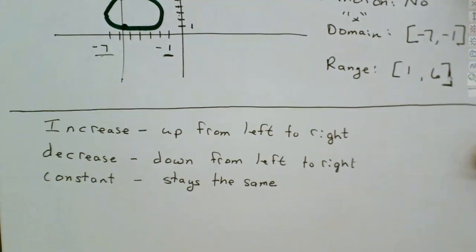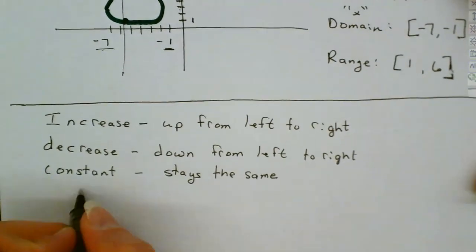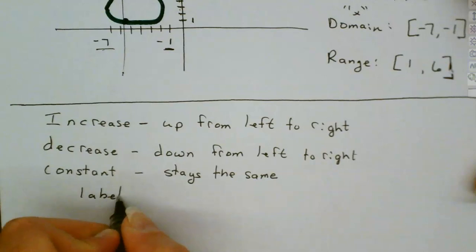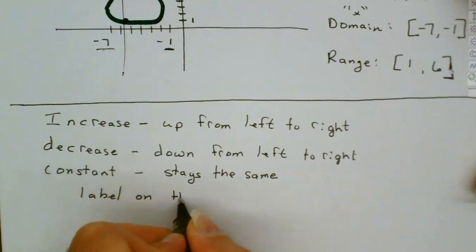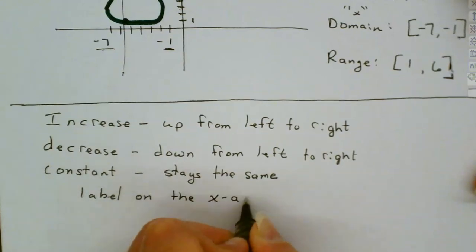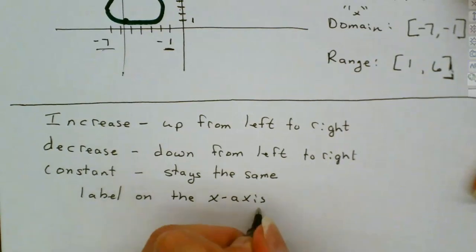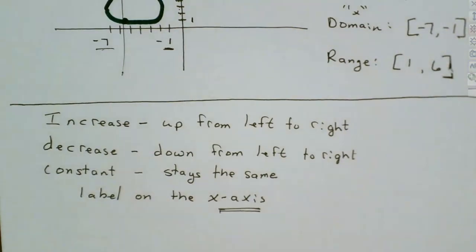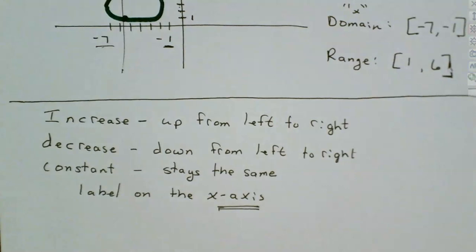When we go to label these, we have to label on the x-axis. Very, very important, because a lot of times students label on the y part, and we don't want to do that. We have to label on the x-axis.